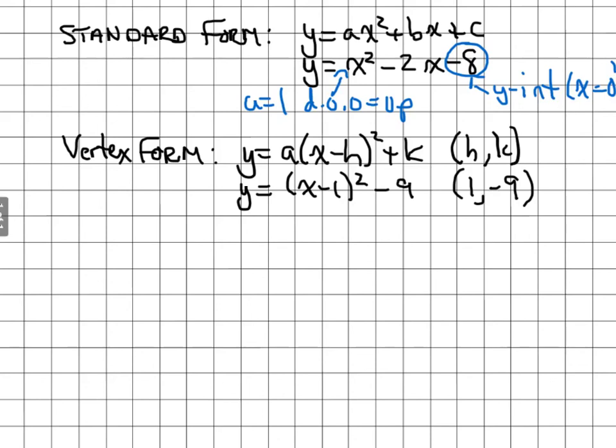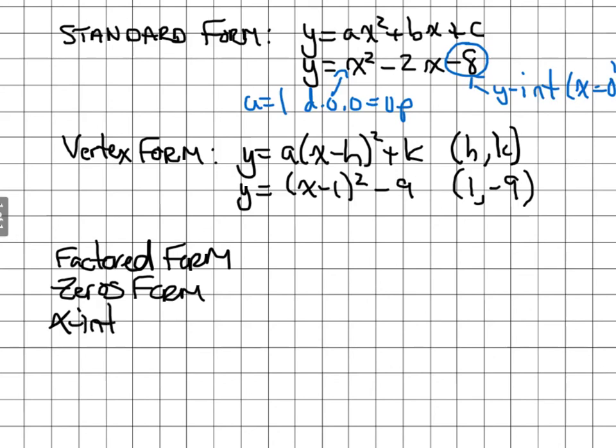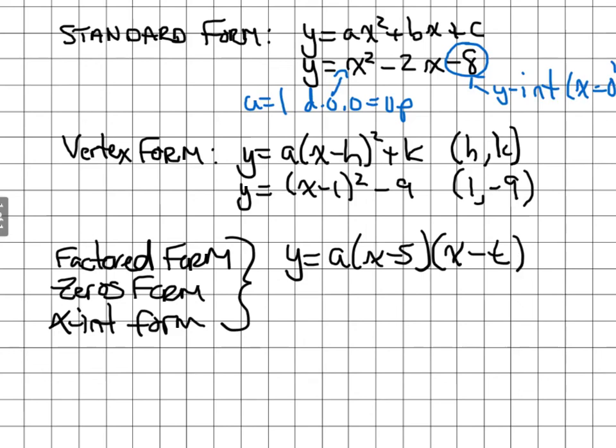Now, factored form or zeros form, also called x-intercept form. So that is y equals a(x minus s)(x minus t).